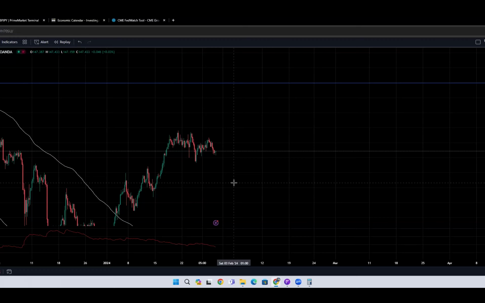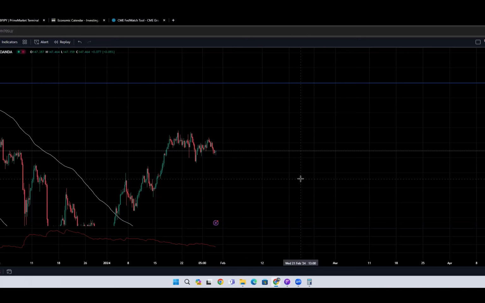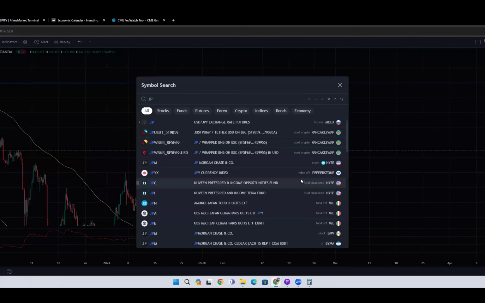You guys may notice via the forward OIS rate that the 1 year forward 1 month rate has dropped 0.25% since the start of the year. I don't know if they have it here, but let me check just a second. Japan 1 year.